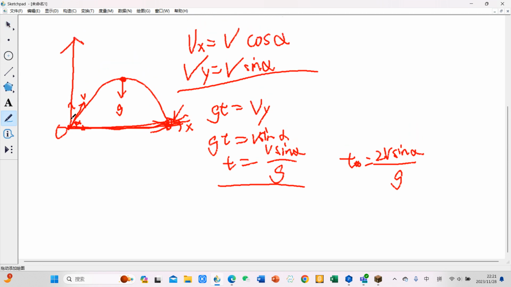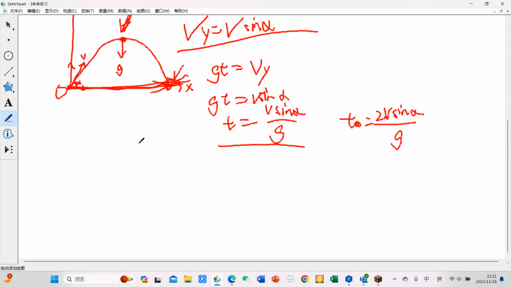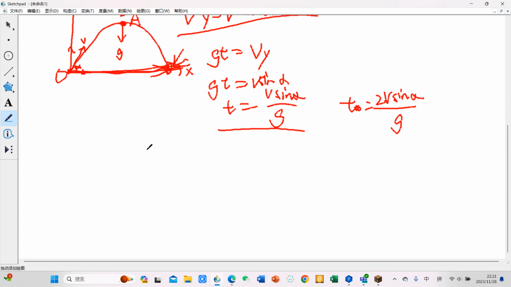Then we want to know what this parabola is. If I express this as y equals f(x), what is this f(x)? For this point, I name it A. So what is xA?